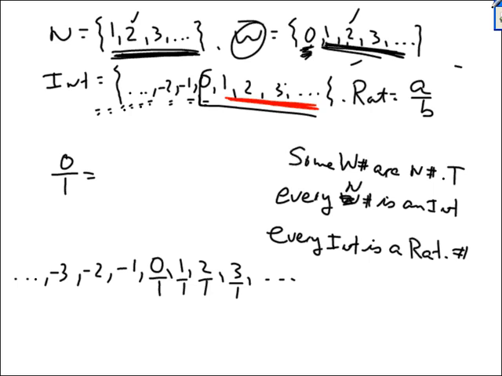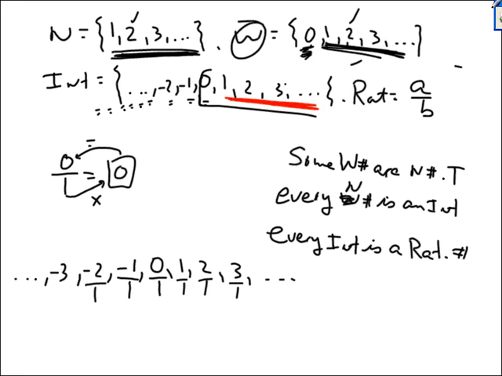Let's check that one. 1 times what equals 0? 0. Only 0. 1 times 1 is not 0. 1 times -8 is not 0. 1 times 0 is 0. So 0 over 1 is still 0.